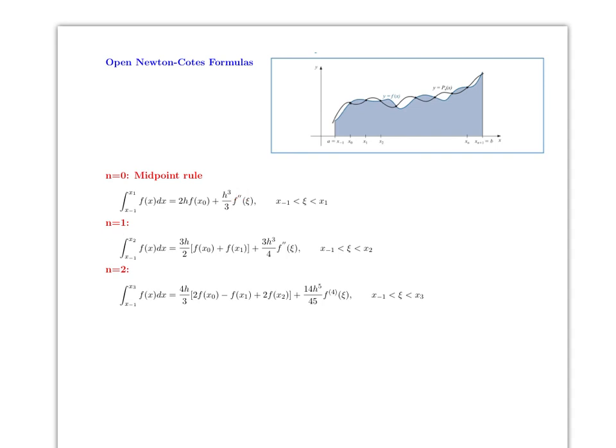Then if n is equal to 1, you're going to evaluate at x0 and x1, but now you go from x negative 1 to x2, and this will be the error term, and so forth. And again, the computations are straightforward.